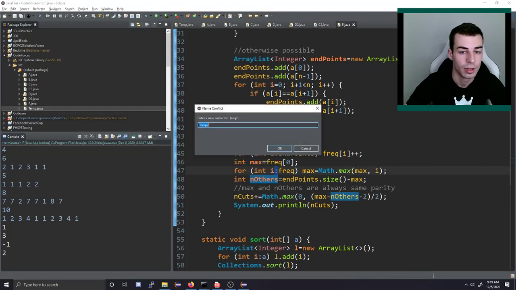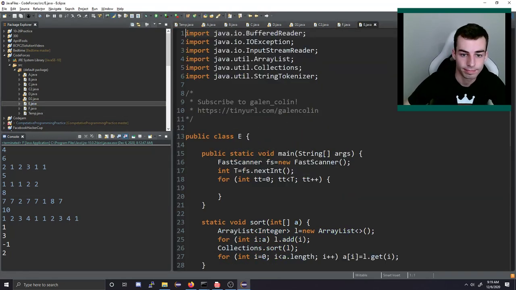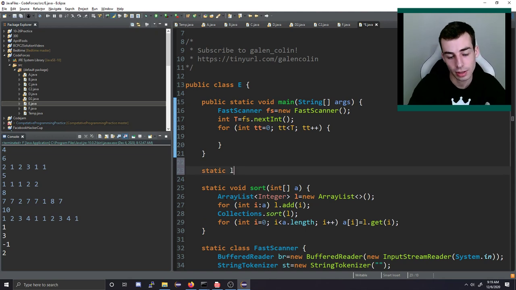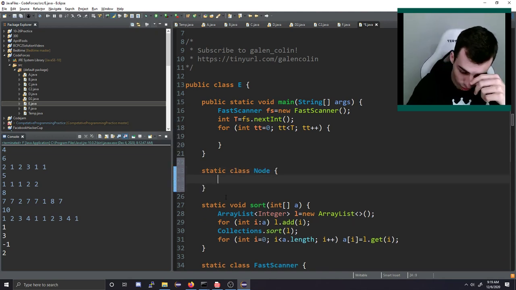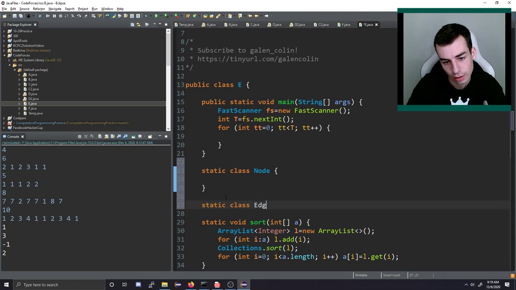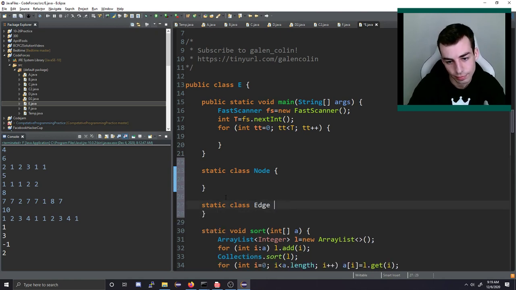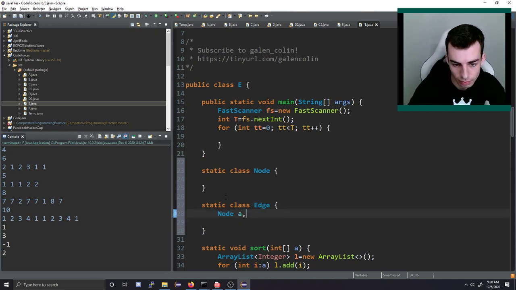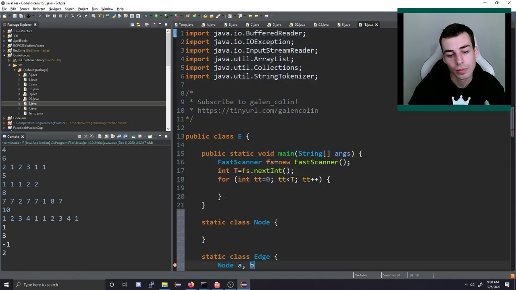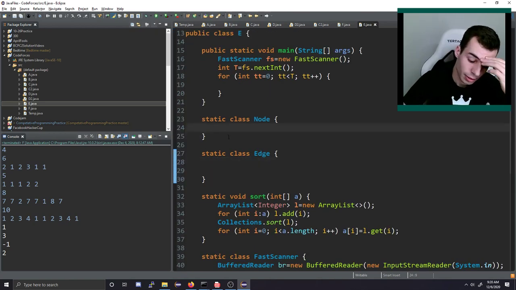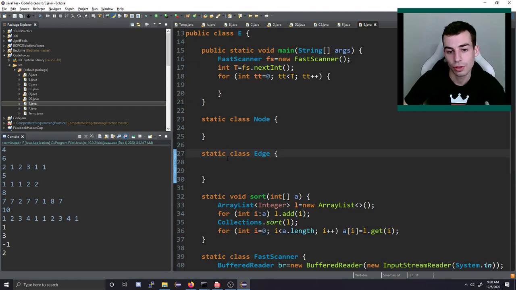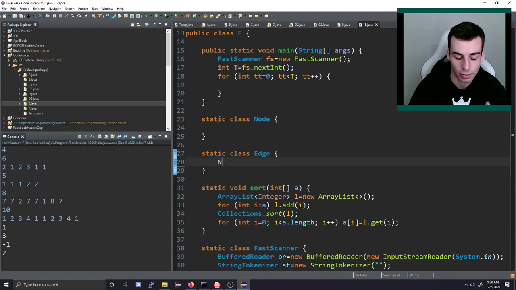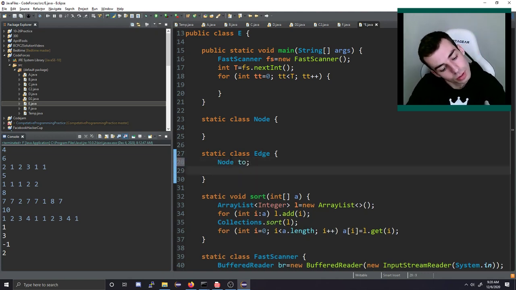Okay. Here's problem E. We're gonna need a node. We're gonna need an edge, right? I guess we probably don't need an edge. Yeah, we do need an edge. Node 2.